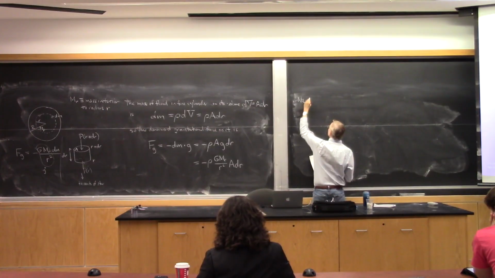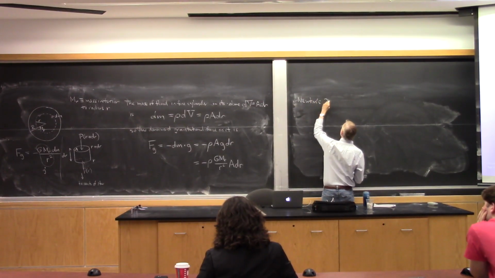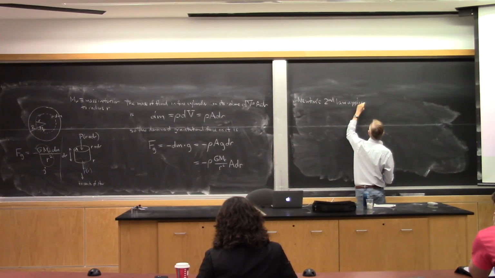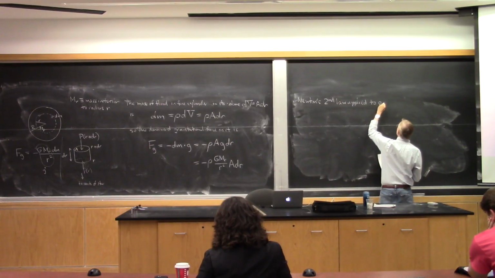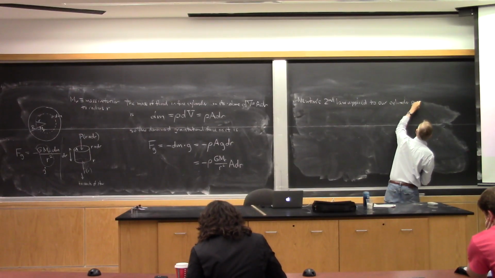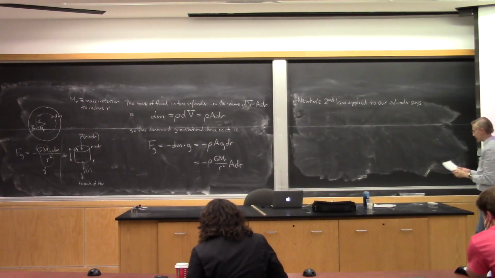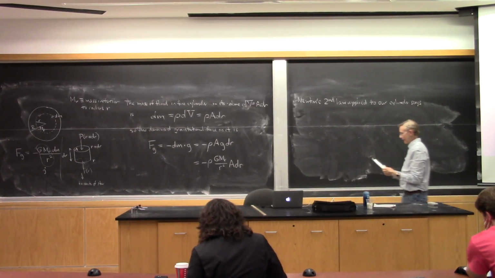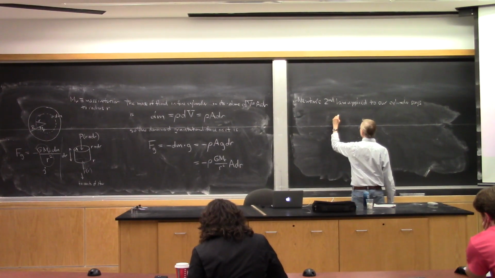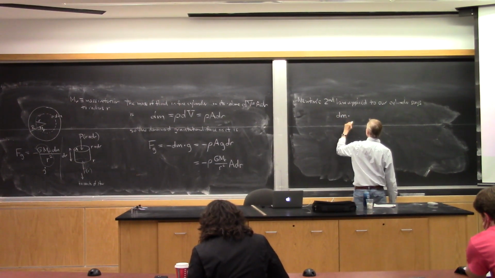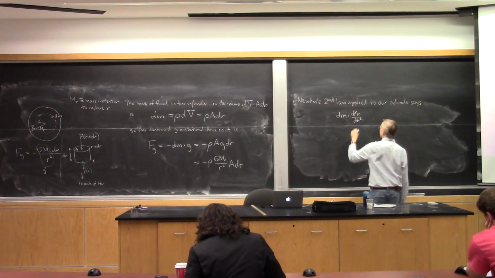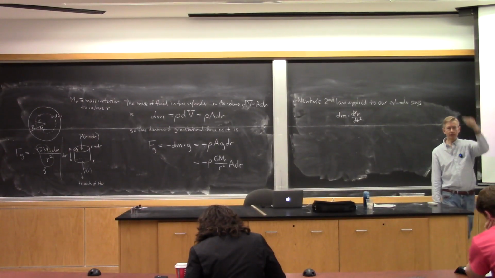So now we just apply Newton's second law to our cylinder. Newton's second law applied to our cylinder says that the mass of the cylinder times its acceleration, so dm times d squared r dt squared, because it might be accelerating in the r direction.